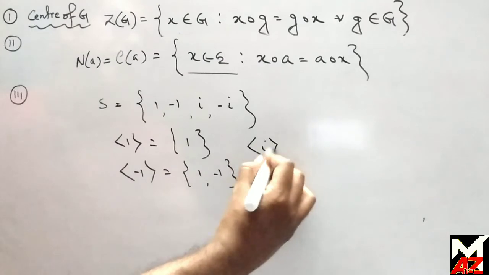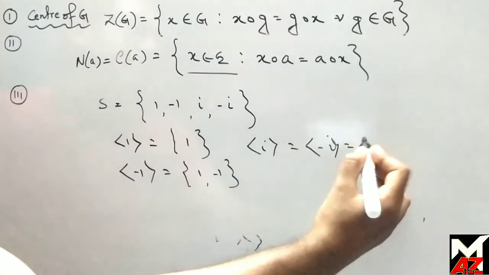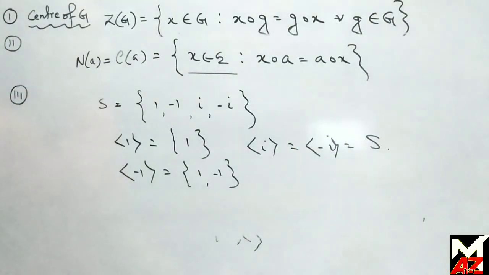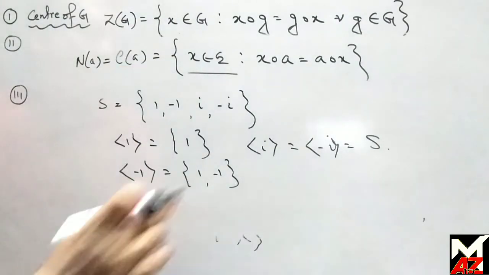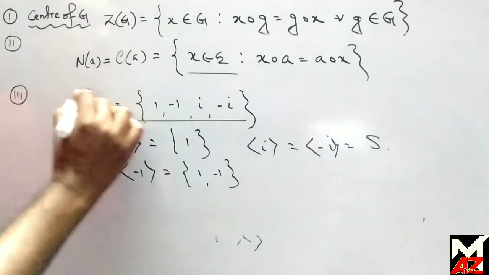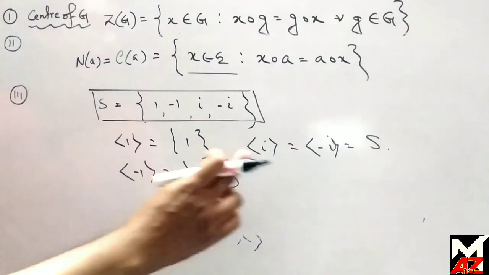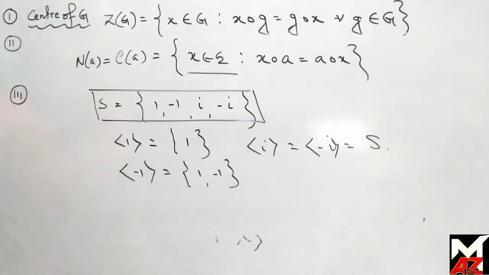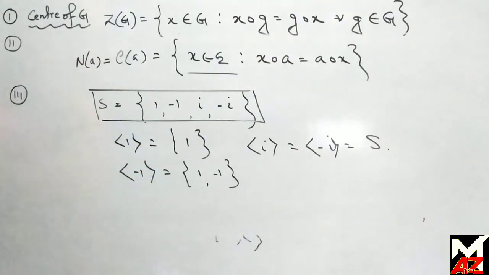If we generate i or minus i, clearly this gives S itself. So we get two generators here, i and minus i, so it is a cyclic group, and i and minus i are the generators. We will discuss the cyclic group in the next class.